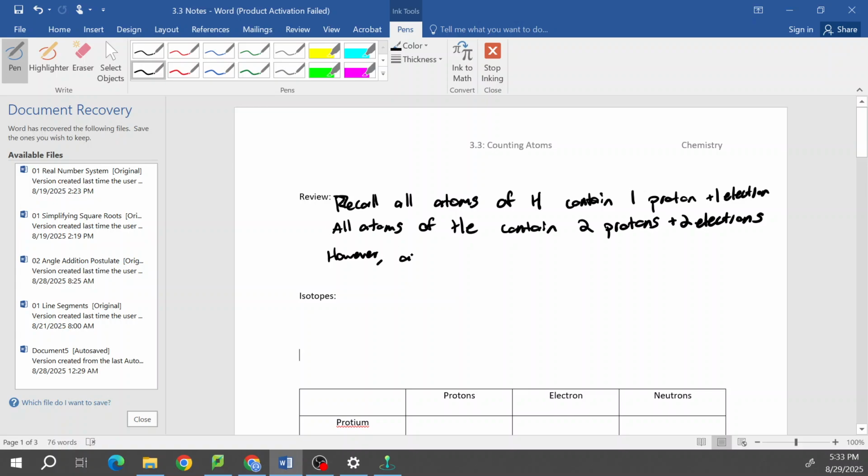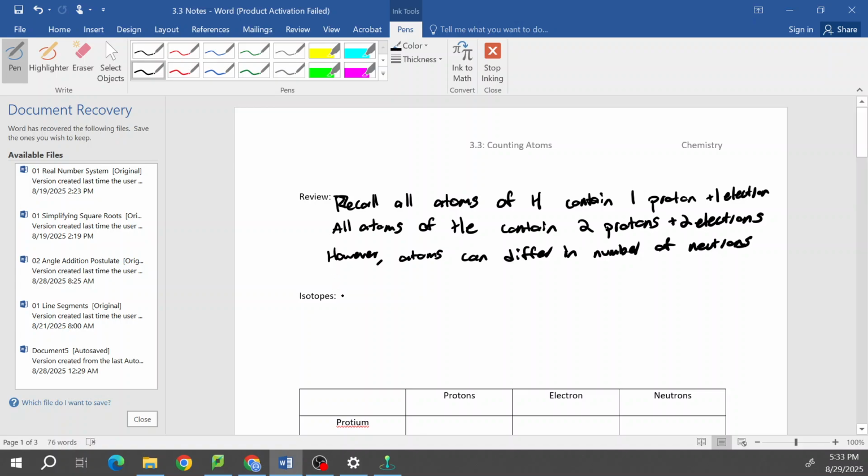However, atoms can differ in the number of neutrons. So you can have a hydrogen atom that has 0 neutrons. You could also have a hydrogen atom that contains 1 neutron. So they can differ in the number of neutrons, and those are called isotopes.